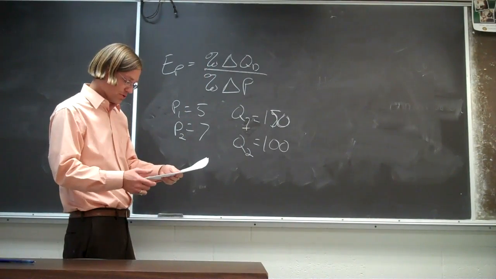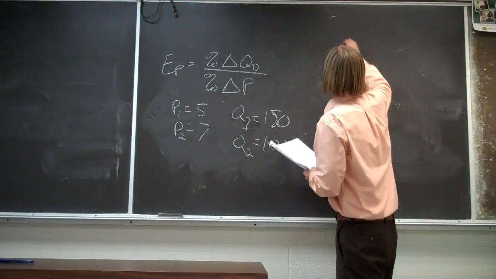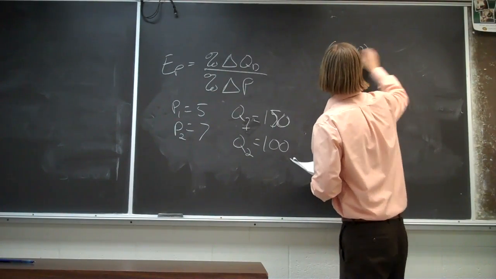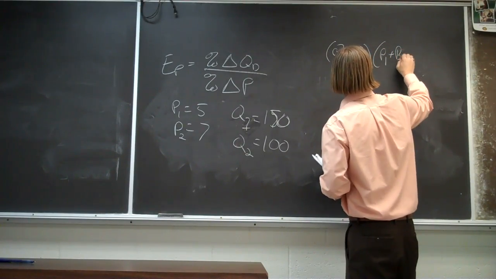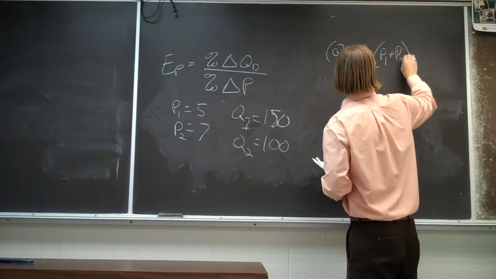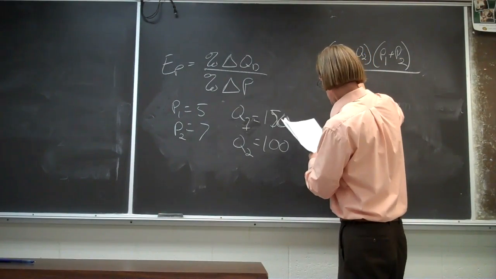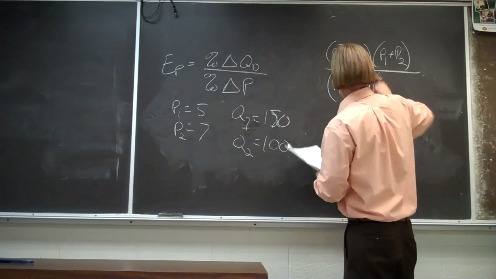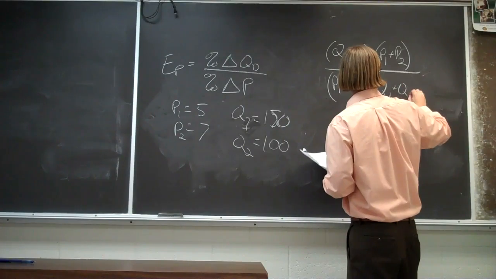And so we'll use another equation. That equation is Q1 minus Q2 times P1 plus P2, and then we divide that by P1 minus P2 times Q1 plus Q2.